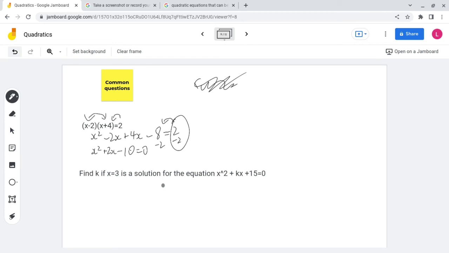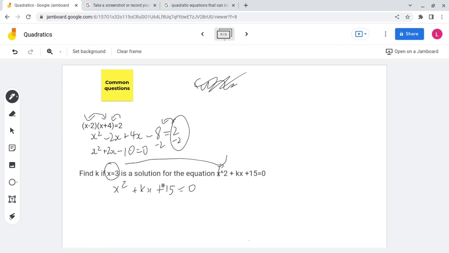Find k if x equals 3 is a solution for the equation x squared plus kx plus 15 equals 0. For this type of question, if they gave you a root or a solution for x, and they ask you to find an unknown in the equation, since you already know what x would be, why not just sub in x into that?